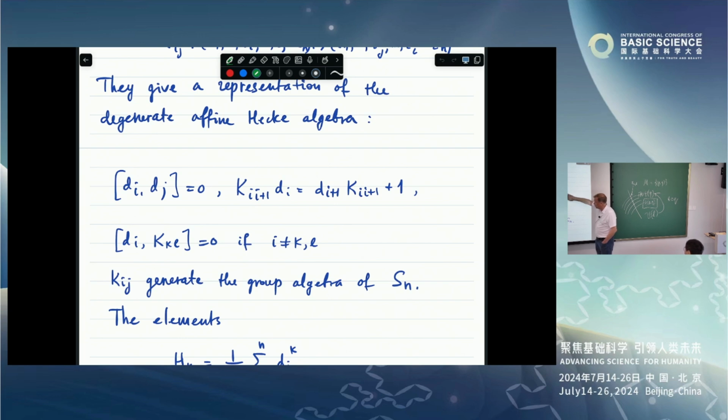If there is no this plus one, then it's just a semi-direct product of the symmetric group and the commutative algebra of polynomials in Rn. But if there is this plus one, then it's something non-trivial.